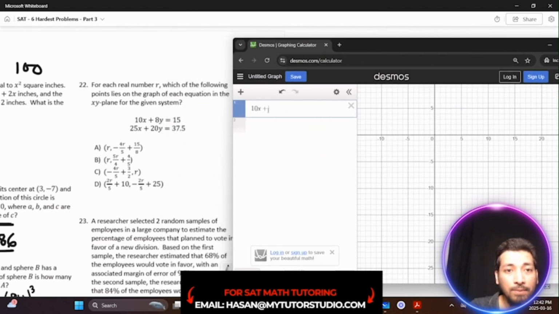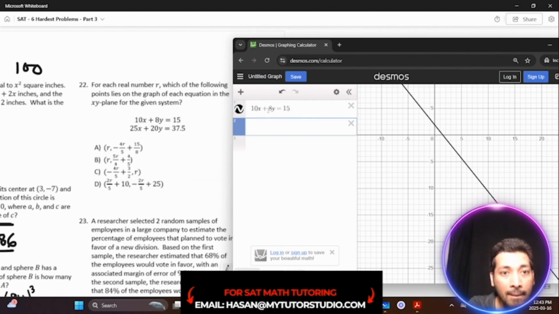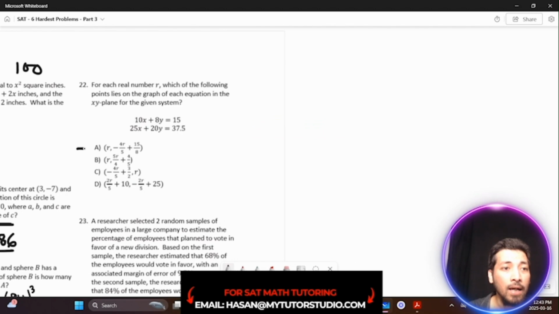We have 10x plus 8y is equal to 15, and 25x plus 20y is equal to 37.5. You can see that both equations are basically the same equation. Now, we need to see which option actually fits this equation. I need to solve using real number r.